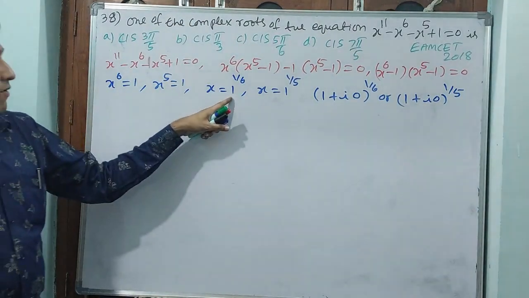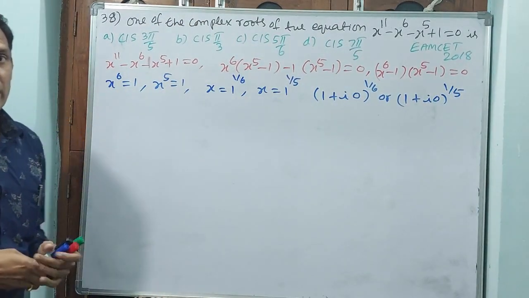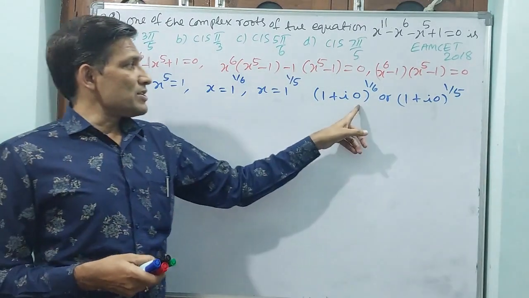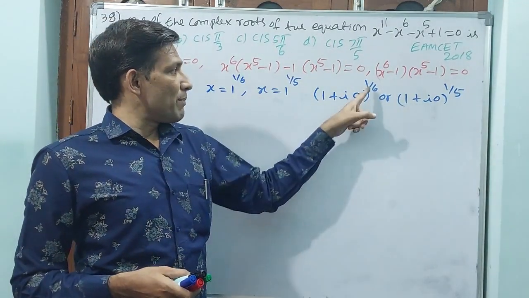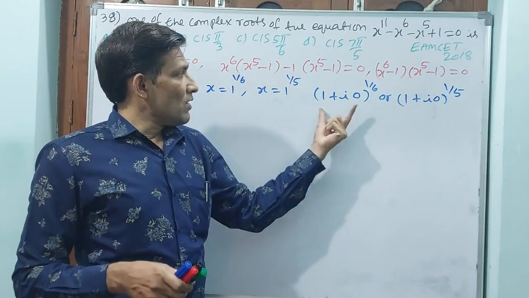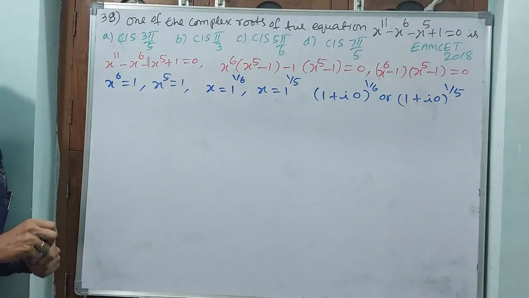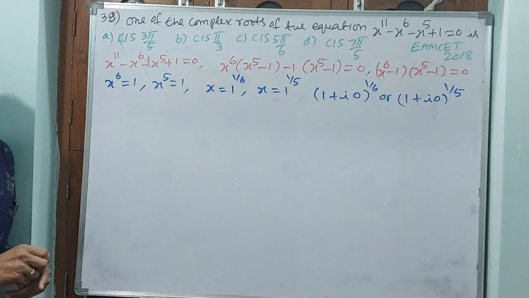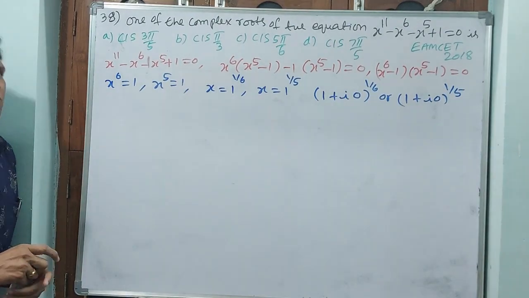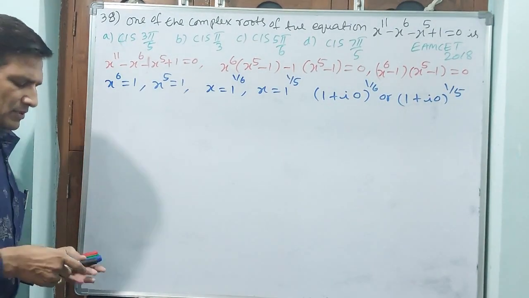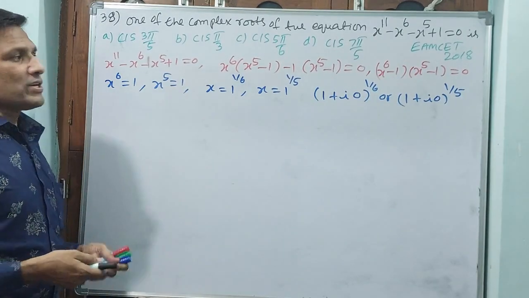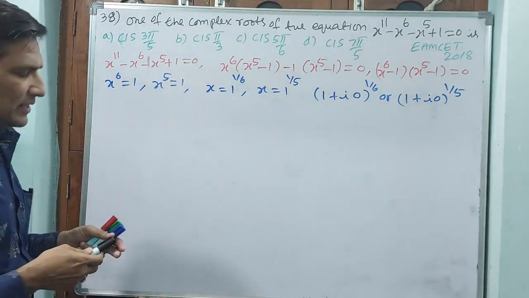Because 1 is there means 1 is a real number, not an imaginary number. Imaginary part is 0. Power 1 by 6 is there, don't worry. Where cos is 1 and sin is 0? At 0 degree, that's all. Write down, at 0 degree cos is 1 and sin is 0.